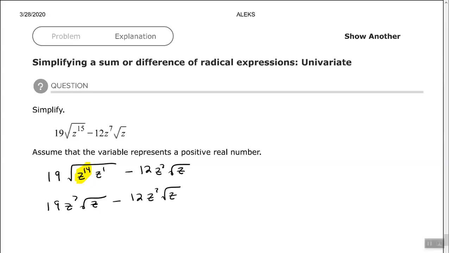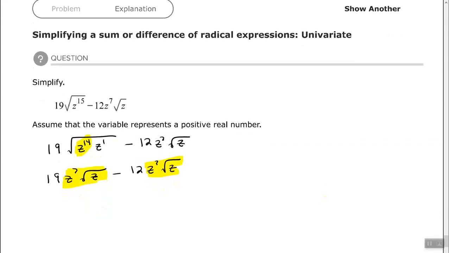If the variable and the radical are exactly the same in each one of these terms, then I can. And if we look here, we see that the z to the 7th times the square root of z is the exact same in each one of those terms. So now I can just say 19 minus 12 is 7 times z to the 7th times the square root of z.